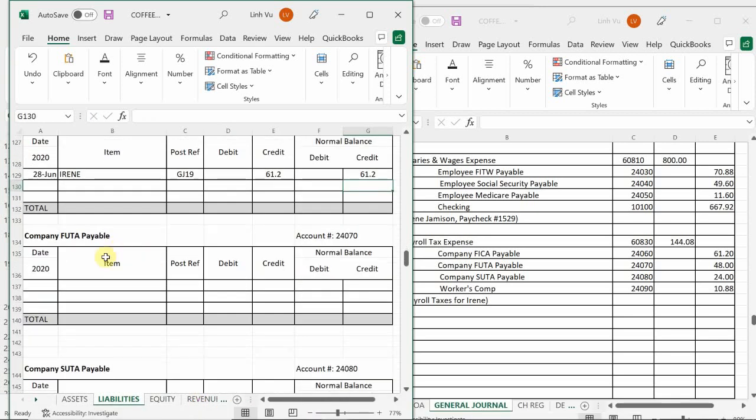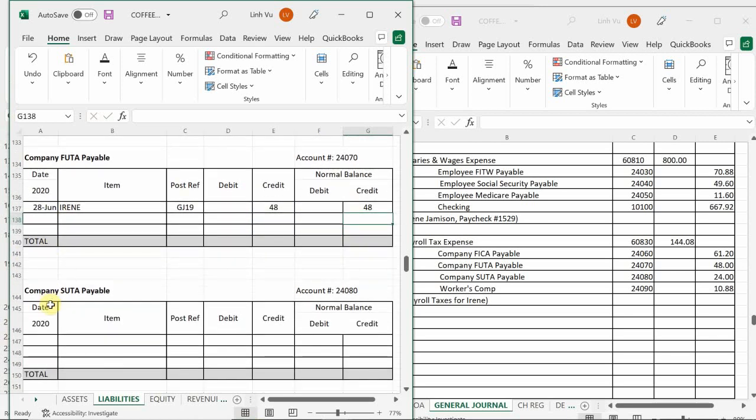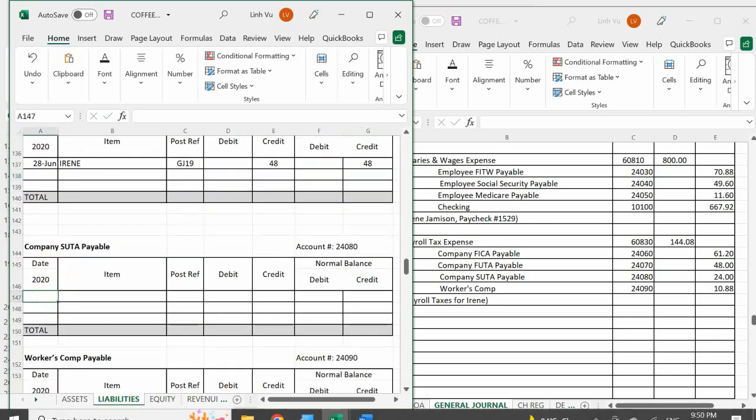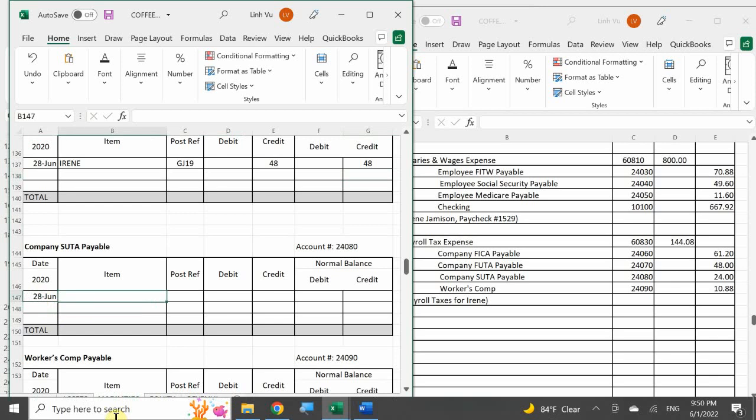We also have company FUTA, right? The federal unemployment based on Irene, which gave us $48. Okay. And our company SUTA, state unemployment, which is based on Irene, gave us a grand total of $24.